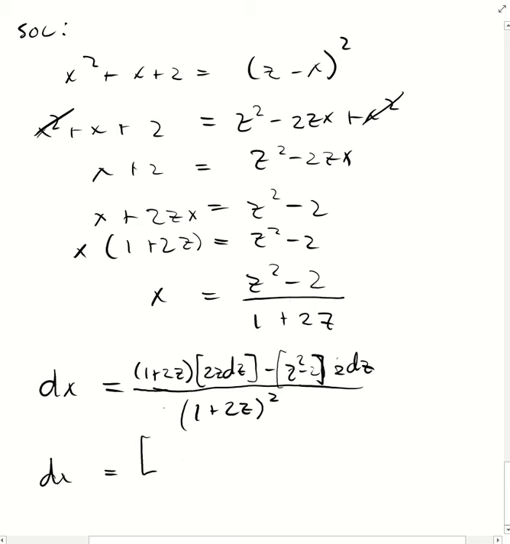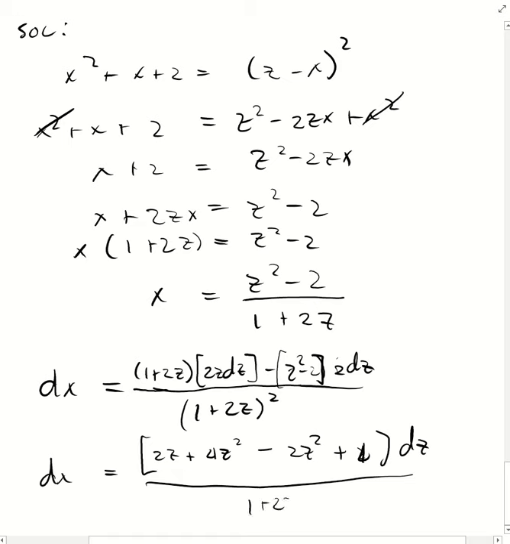Here we can distribute that 2z: 2z times 2z is 4z squared, then minus 2 times z squared, minus a negative, so plus 2 times 2, so 4. Then I factor out dz all over 1 plus 2z squared.